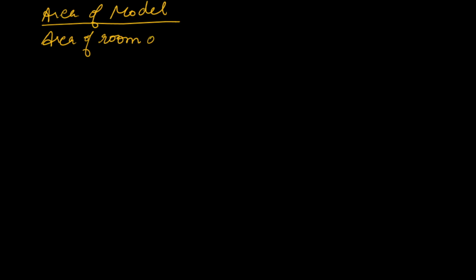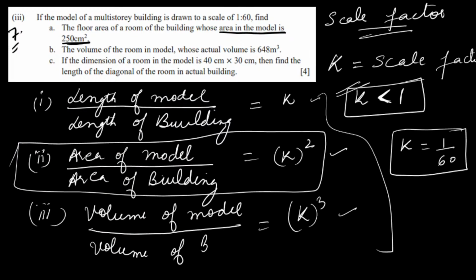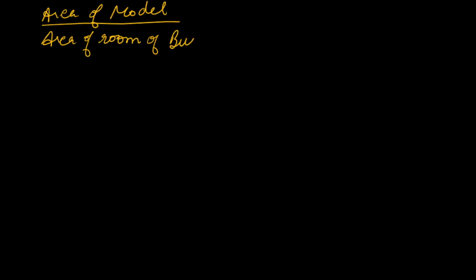So area of model by area of room of the building is equal to k square. So k's value, 1 by 60, I am just writing.